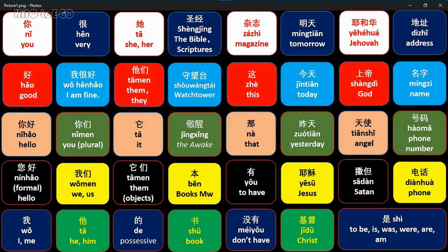There are also measure words in Chinese. Measure words are more like what we do in English as well. If you have a bread, you don't say I have one bread, you probably go with I have a loaf of bread. So that part where you say loaf is almost equivalent to measure words.